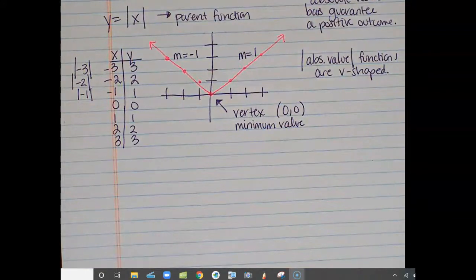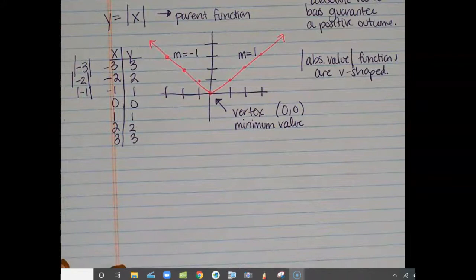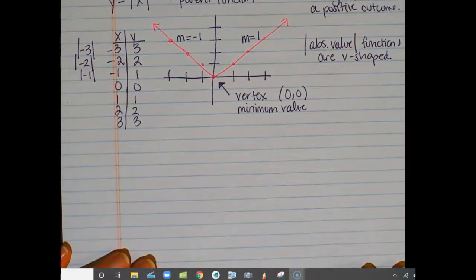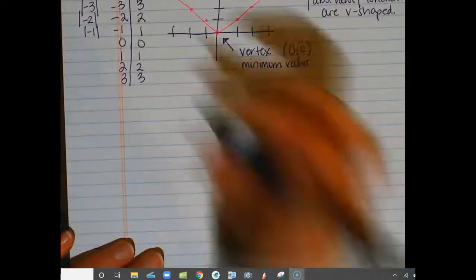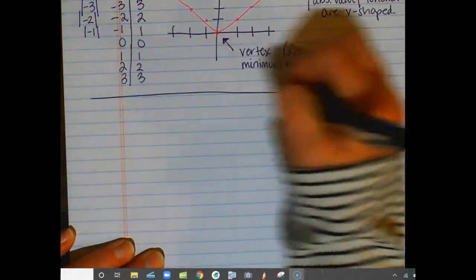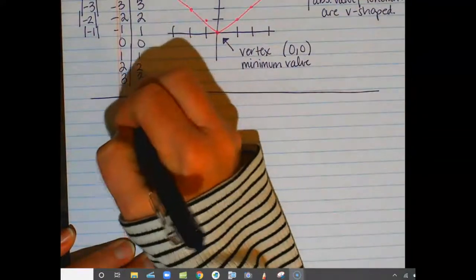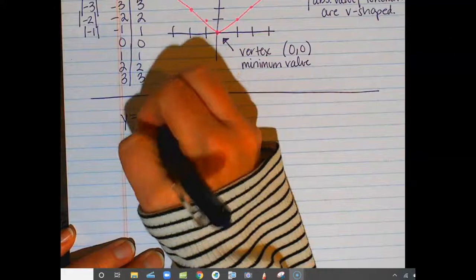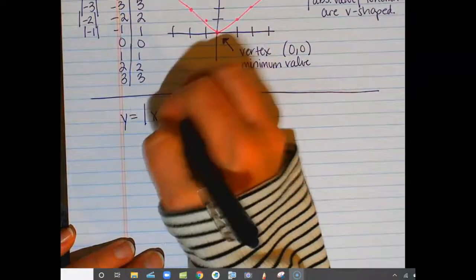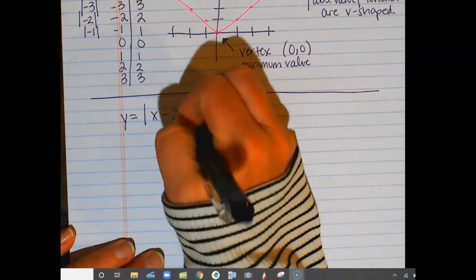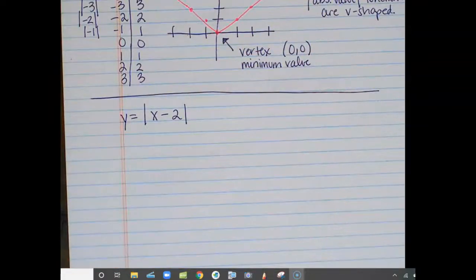Let's take a look at what happens when we change some things. So let's do another by hand, and then I'm going to use my calculator and show you some different things. So my second example, let's do y equals the absolute value of x minus 2. So this will also be a V-shape.